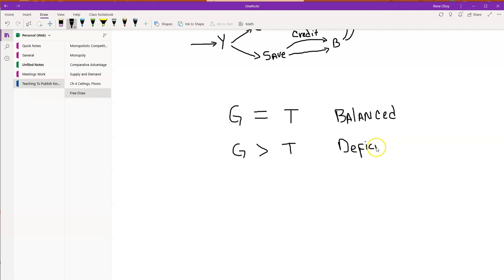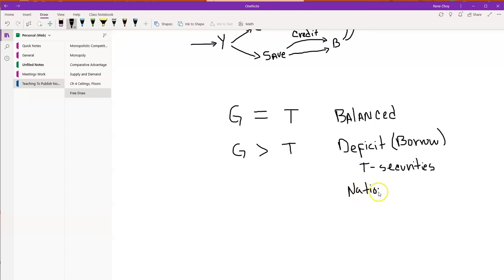Every time the government runs on a deficit, they will need to borrow money, and they borrow money by using what we call treasury securities. Now, of course, the more you borrow, the more national debt you have.